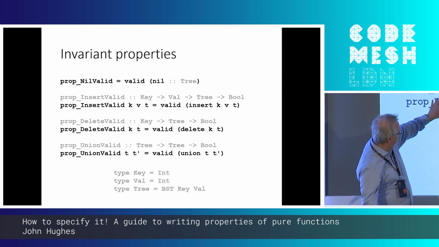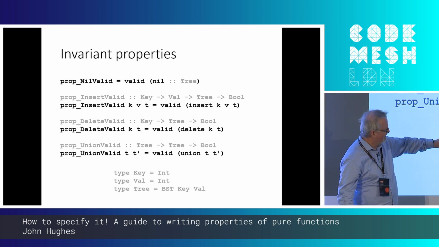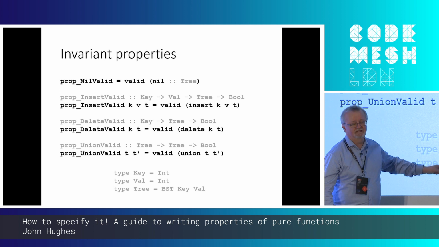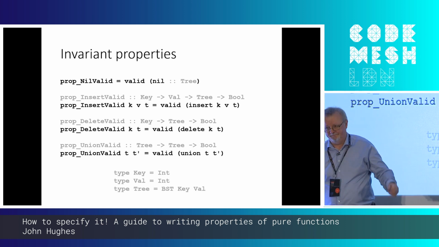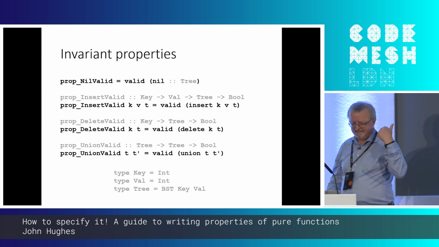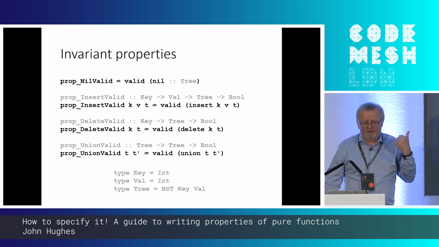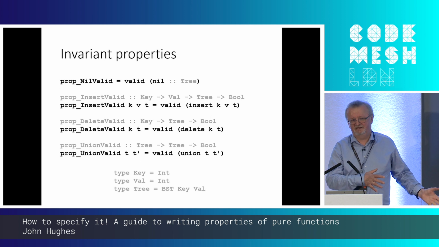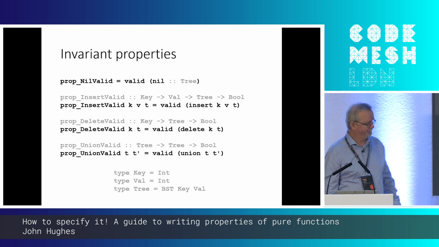So I've written the gray bits to specify that I want to test using integers as keys and integers as values. They're perfectly good as test data, so why not? You have to write the gray stuff in practice, but because it's not my main point today, I'm going to elide the type signatures in the rest of the talk. But just imagine them. They do need to be there.